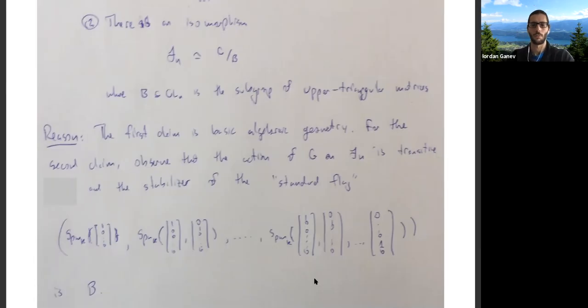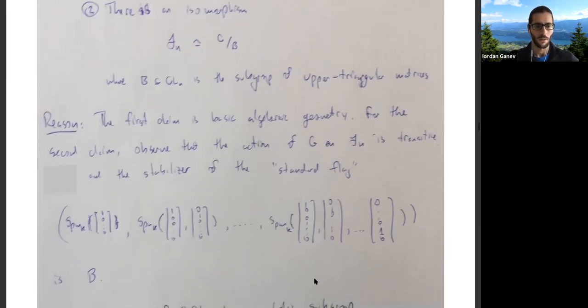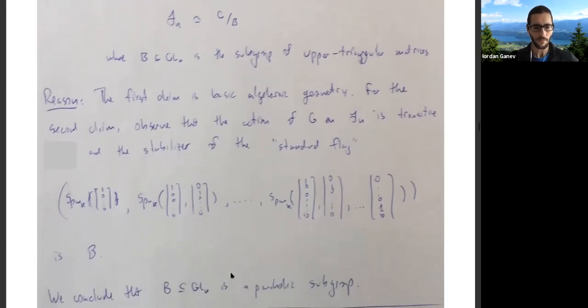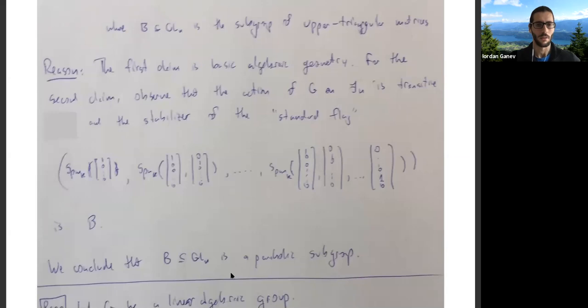I'll look it up. I remember reading in a book once why this name stuck. So that stabilizer is B, so the flag variety is G mod B. And this subgroup of upper triangular matrices is a parabolic subgroup of GL_n.